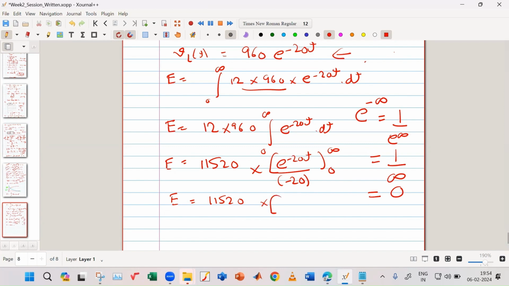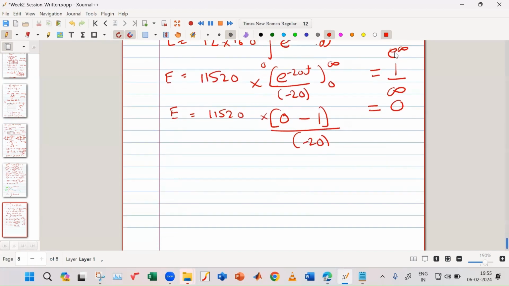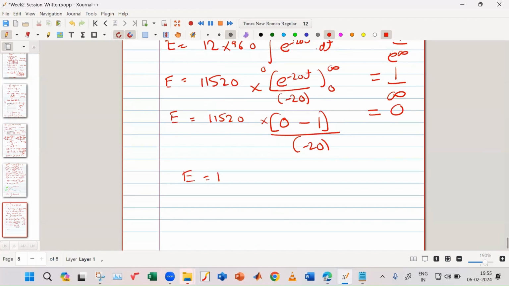So I will write this as 0 minus e raised to 0. How much is that? Anything raised to 0 is 1. So this is 0 minus 1 and minus 20. So it comes out that energy is 11520 divided by 20.